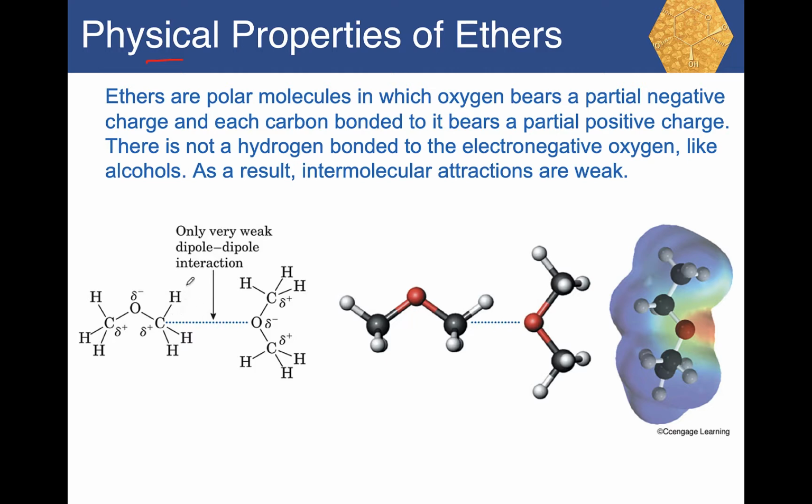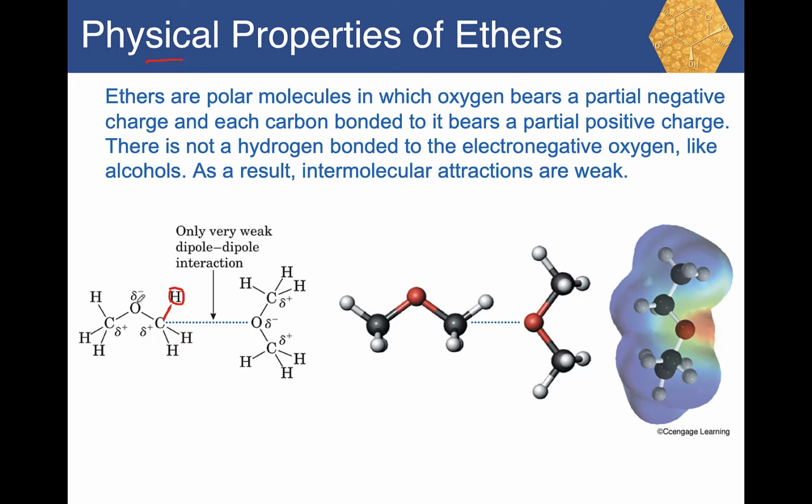Because ethers contain hydrogens that are not bonded to the electronegative atom, oxygen, this bond here is not a polar covalent bond. So we cannot put partially positive and partially negative here. The only polar covalent bond that's present is right here.